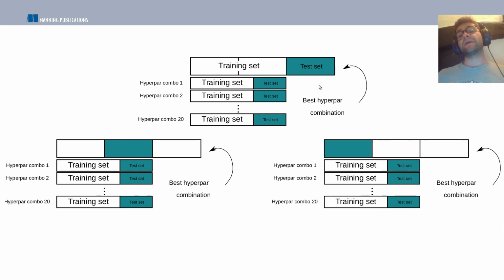Of course, the one big downside of this is that you end up actually having to train your model 3 times more than if we just did simple training, validation, and test set.